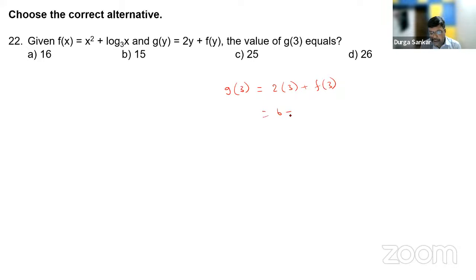And if I substitute 3 in place of x, so f of x is x square plus log x base 3. So f of 3 will be 3 square plus log 3 base 3, that is 6 plus 9 plus 1, 16. Answer option A.